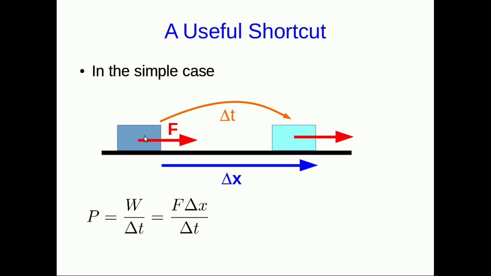And in this simple case of the force being parallel to the displacement vector, that work is just the magnitude of the force times the magnitude of the displacement. But now look, if you just pull the force out front, you get this delta x over delta t. And as long as this is nice straight line motion, then that right there is the speed. And so, at least in the case where forces are acting in the direction of motion for straight line motion, you can quickly calculate a power as a force times a speed.